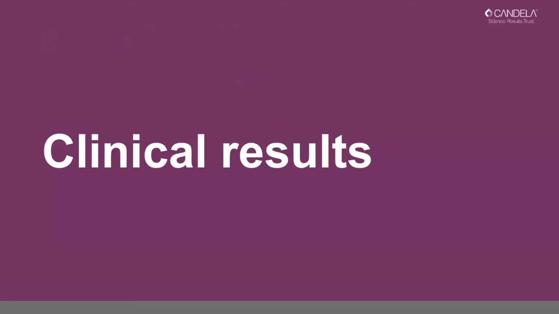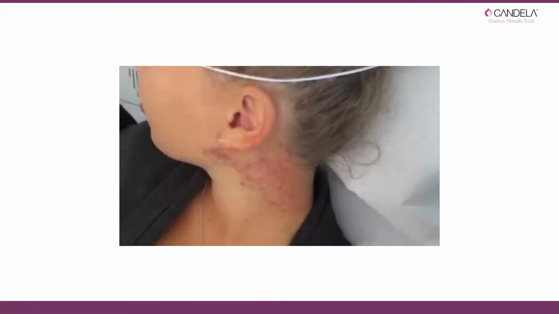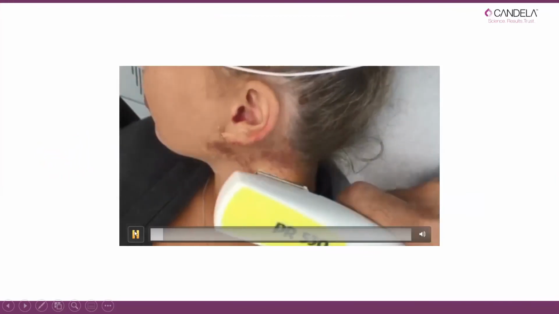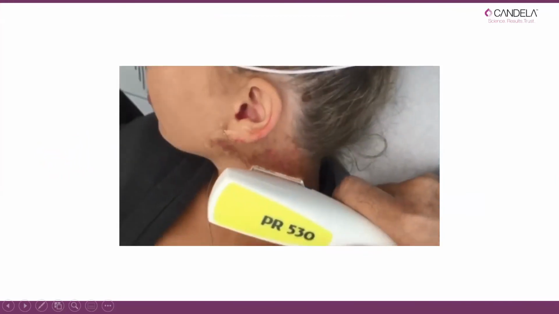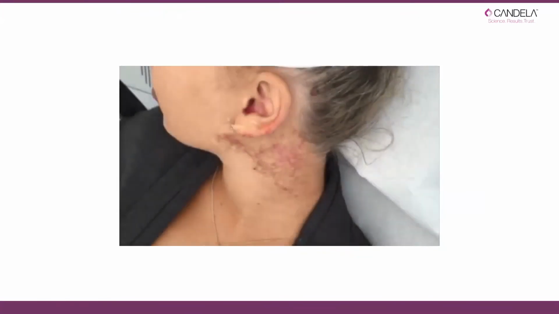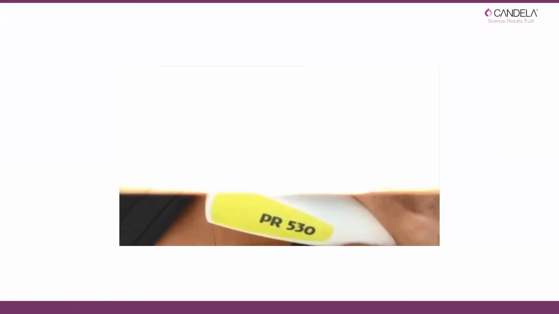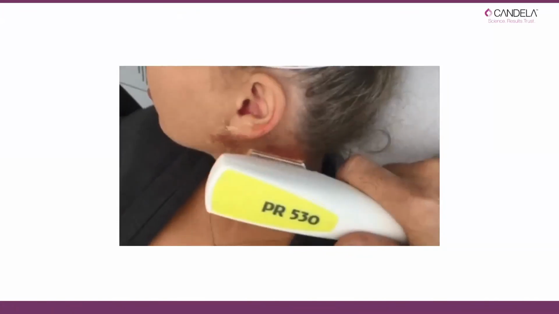So moving into the third part of the presentation, here we're going to look at some of the clinical results. This is a port wine stain, and if my system will work, I have a little video. This is quite superficial because you can see that we're using the PR530 handpiece.